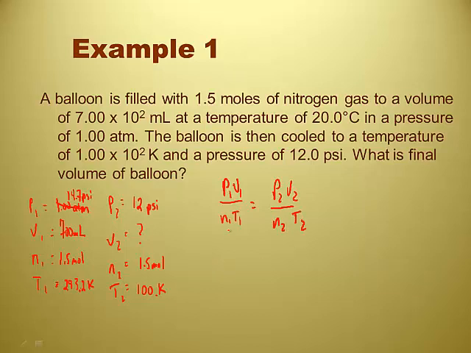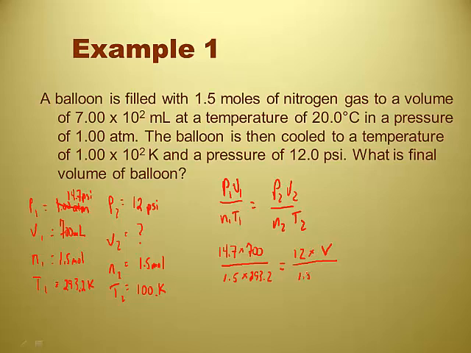All right, pressure 1 is 14.7. Volume 1 is 700. N1 is 1.5. And T1 is 293.2. Now, pressure 2 is 12. Volume 2 is unknown, so I'm going to put a big V there.